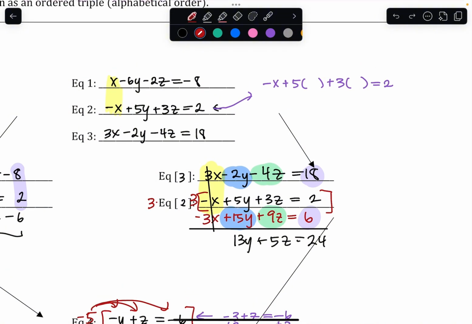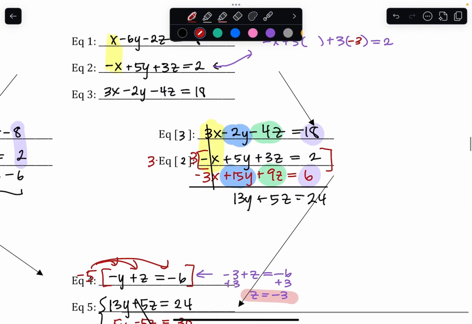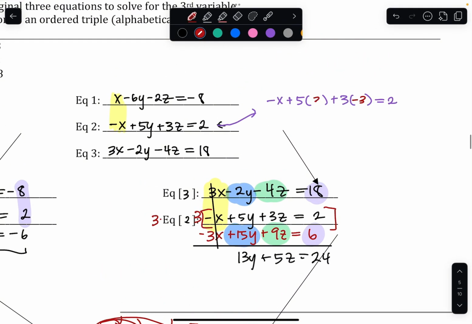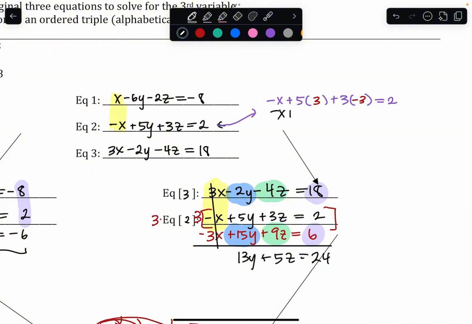Make sure you put it in the right place. And we know y is 3. So now we just number crunch. And so negative x plus 15 minus 9 equals 2. Negative x plus 6 equals 2. Subtract 6 from both sides, we get negative x equals negative 4. Divide both sides by the negative 1, we get x equals positive 4.